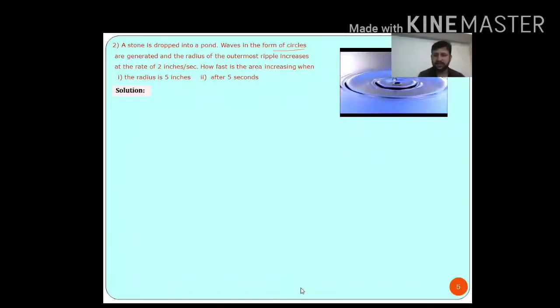Let us see the given conditions. The radius of the outermost ripple increases at the rate of 2 inches per second. That is the rate of change of radius with respect to time, dr by dt, is equal to 2 inches per second.